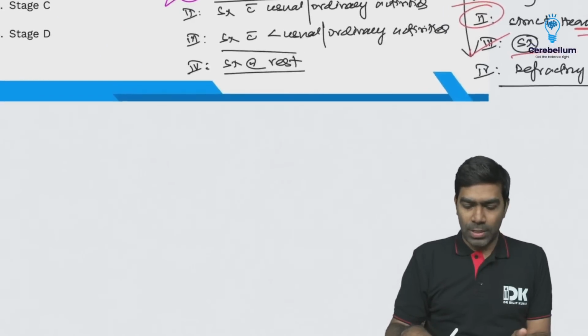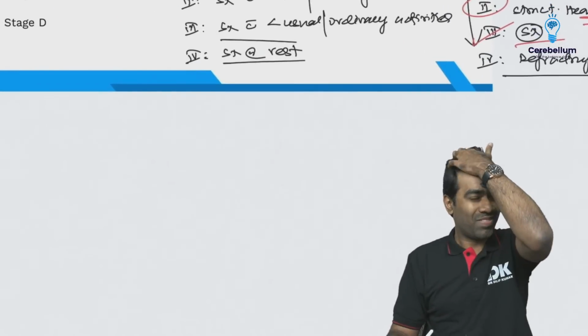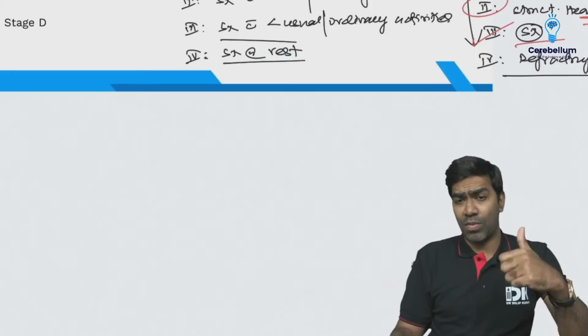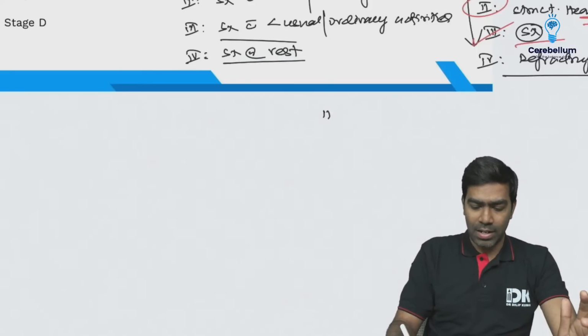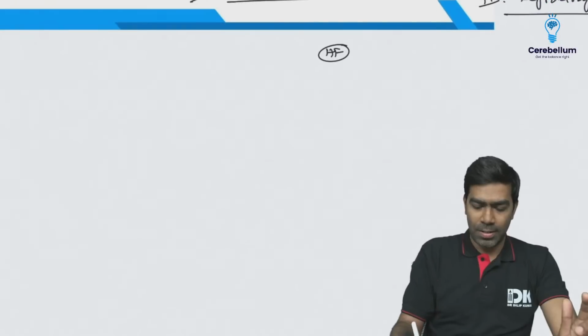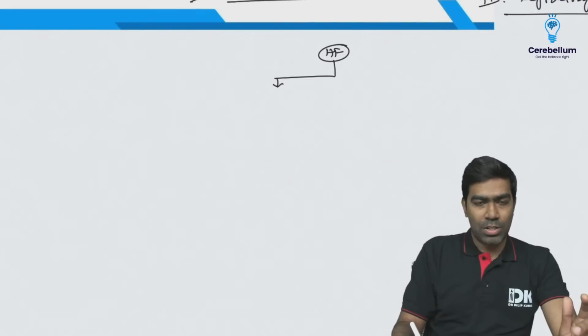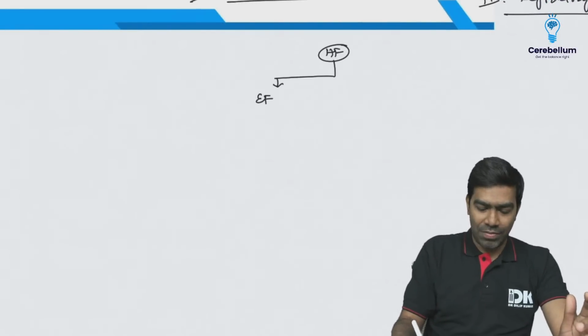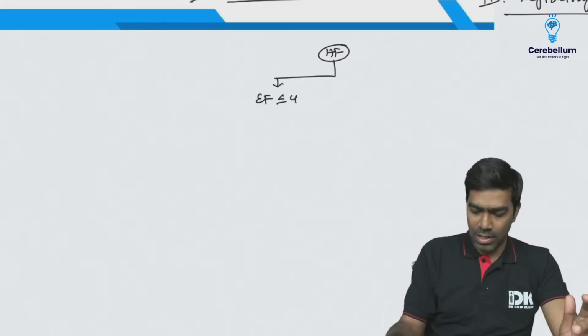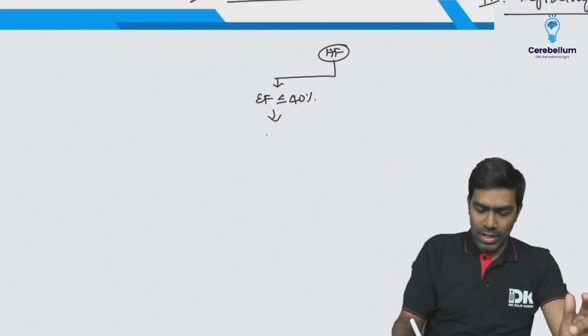Okay. So then how will you treat the patients? First of all, how will you classify patients? Whenever you have a patient with heart failure, we are going to divide based on the ejection fraction. If the EF is less than or equal to 40 percent, it is heart failure with reduced ejection fraction.